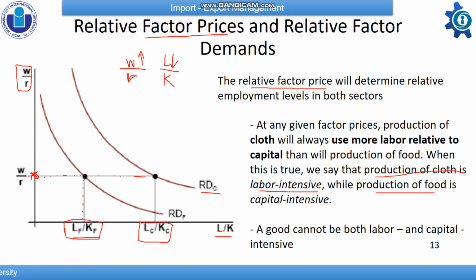We notice that the definition of intensive depends on the ratio of labor to capital used in production, not the ratio of labor or capital to output. Therefore, a good cannot be both labor and capital intensive. It can only be one, either labor intensive or capital intensive. They cannot be both.